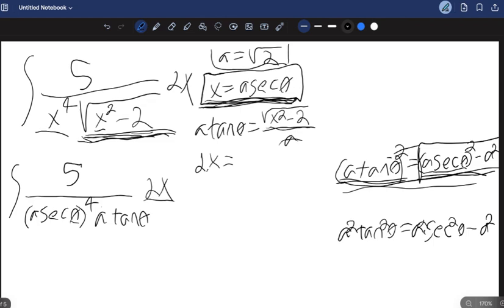What rule would I use to find this? Because I have another variable here. We have to put d theta at the end because it's in terms of another variable, like implicit differentiation. Yeah, we're using a differential, which is like implicit differentiation, except we're doing it in terms of nothing.